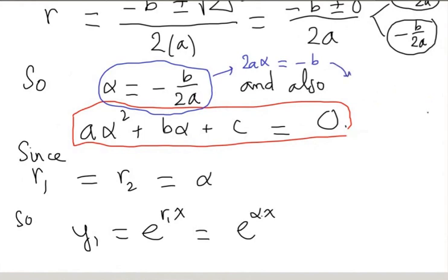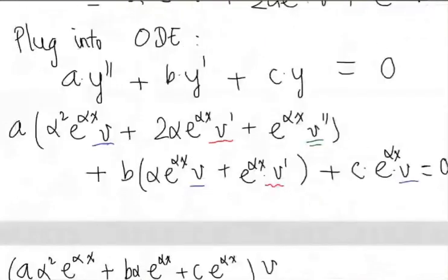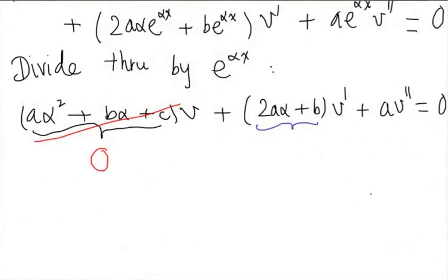And then if we move b to the other side, we will have 2a alpha plus b equals 0. And that's exactly the second term here. 2a alpha plus b also 0. It's gone as well.